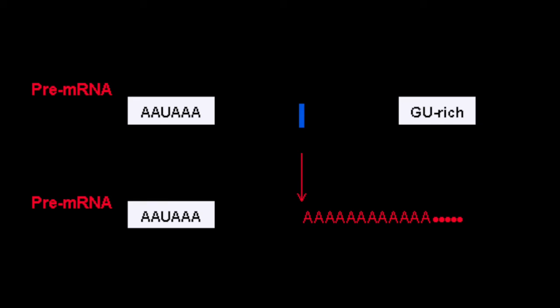At the cleavage site marked by the CA sequence, poly-A polymerase then adds around 200 adenine units to the 3' end of the RNA molecule using ATP. As the poly-A tail is synthesized, it binds multiple copies of the poly-A binding protein. This protein protects the 3' end from ribonuclease digestion.